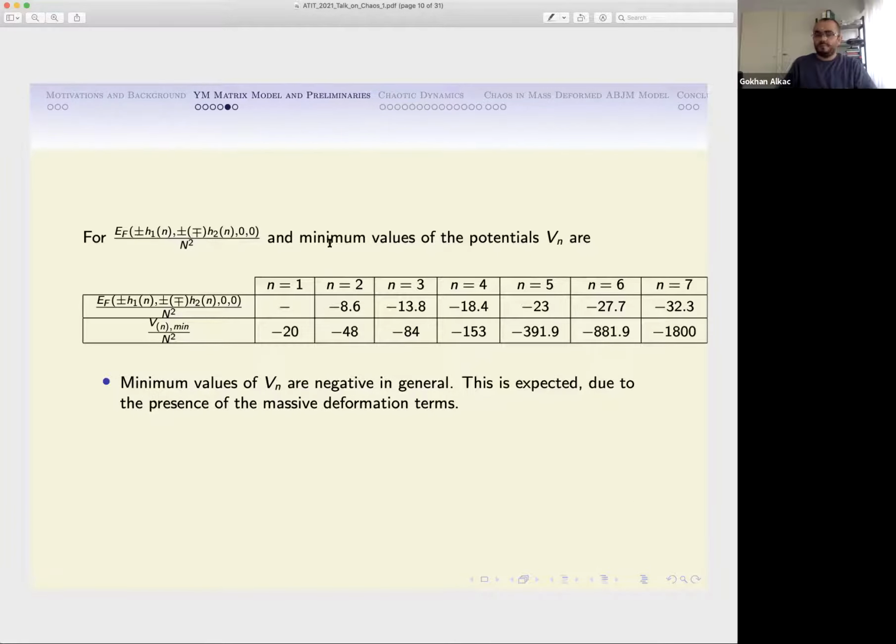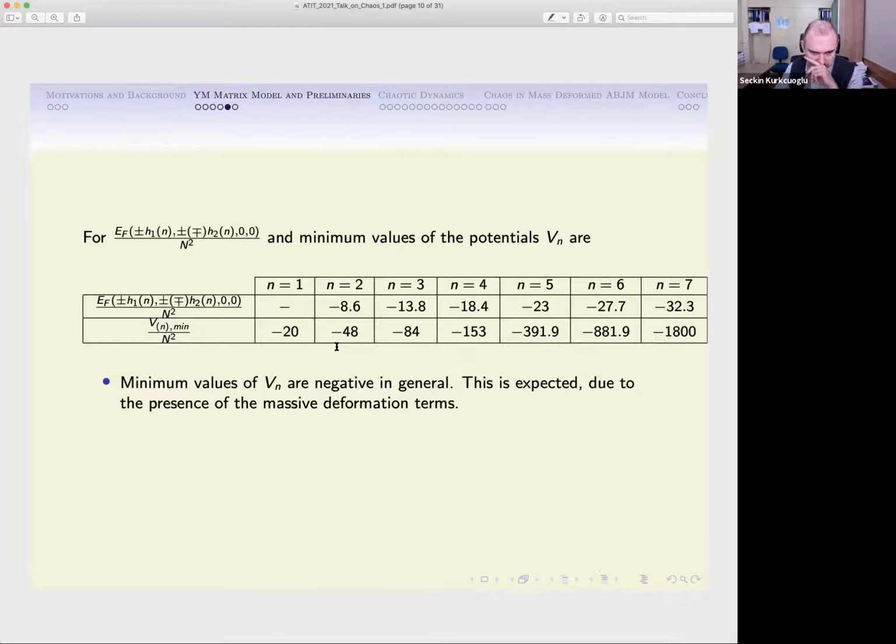And the minimum values for the fixed point, I have divided by n squared. We will discuss why that is done a little later on. But this also has negative values at these fixed points, which are listed in this table.